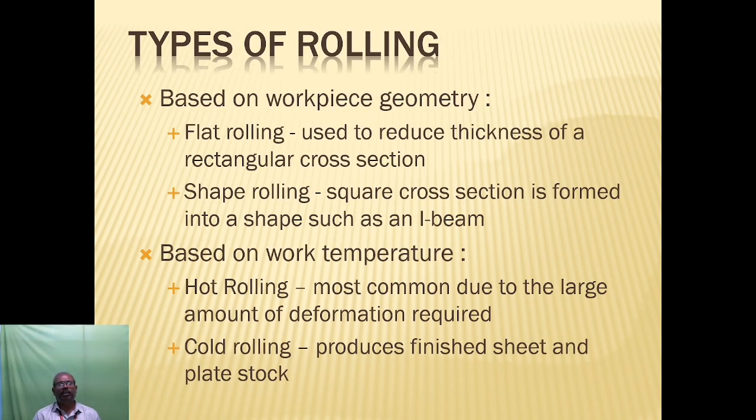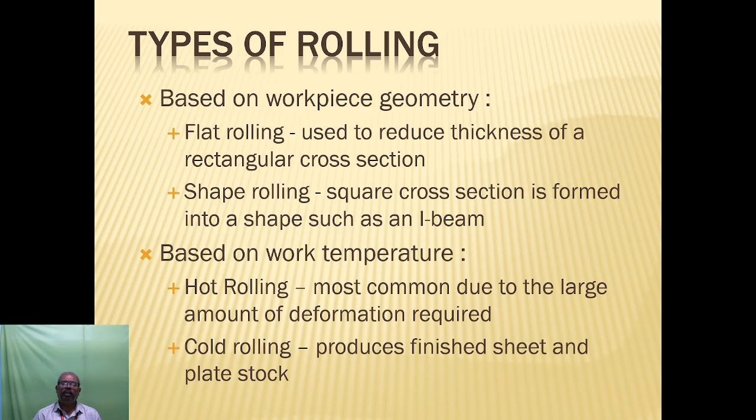The types of rolling are based on workpiece. You can classify the rolling process into flat rolling and shape rolling. Based on the working temperature, you can classify the rolling process into hot rolling and cold rolling. Flat rolling is used to reduce thickness of a rectangular cross section. So when you have a rectangular cross section, you have to go for flat rolling.